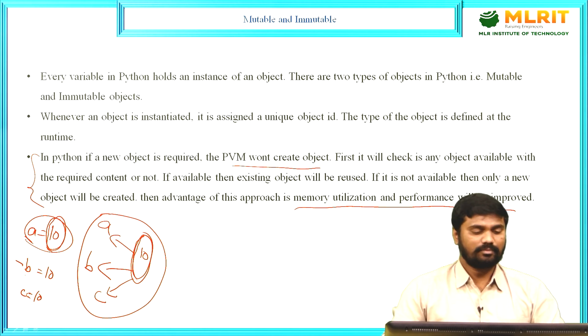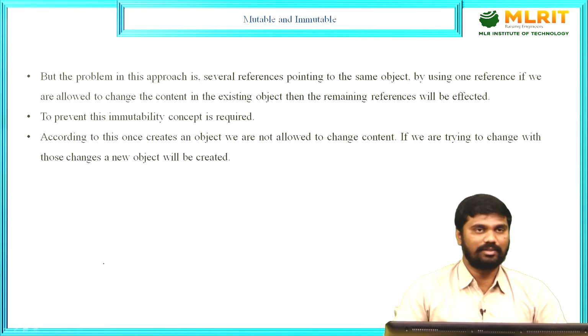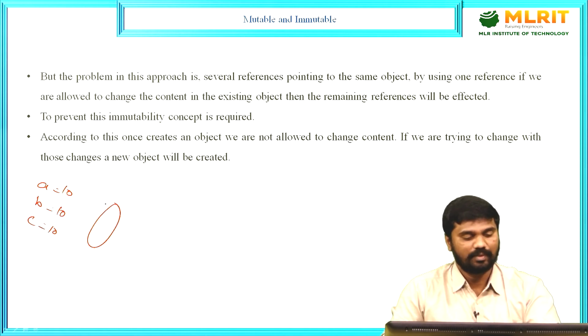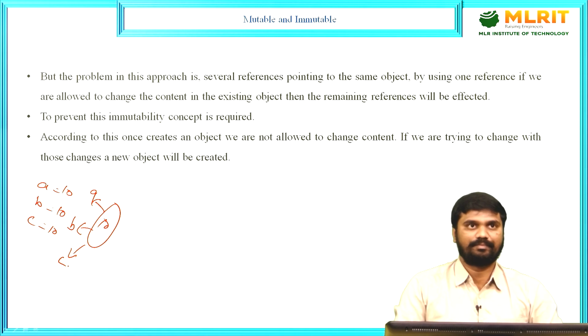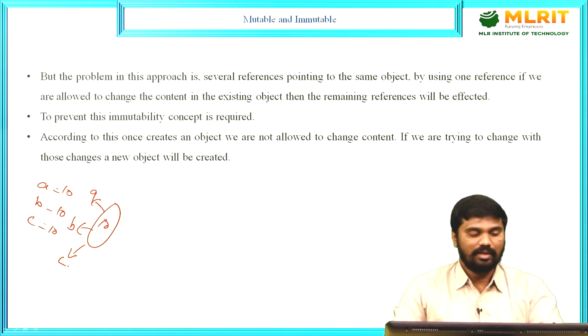But due to this approach, there is one drawback, one limitation. For example, a equals 10, b equals 10, c equals 10. Now the object 10 is referred to by a, by b, and also by c. What is the problem here? The object 10 is referred to by how many variables?